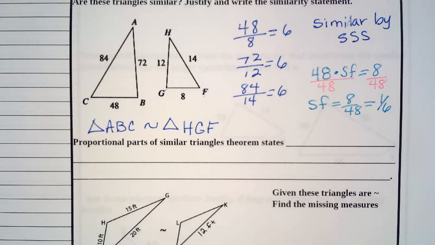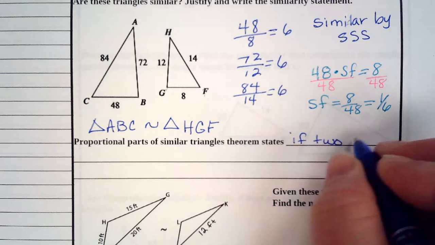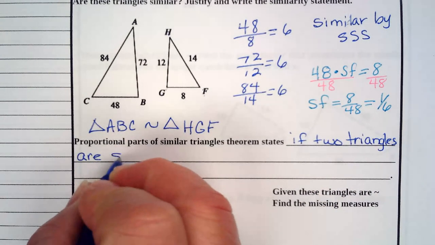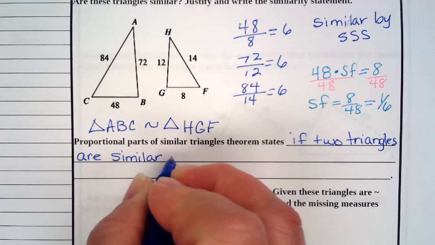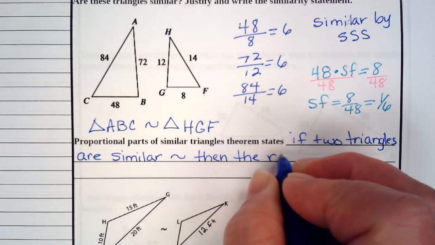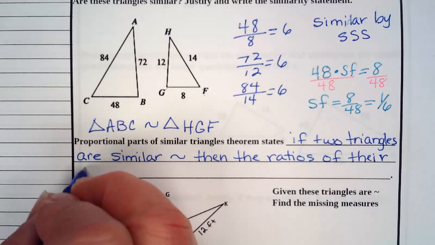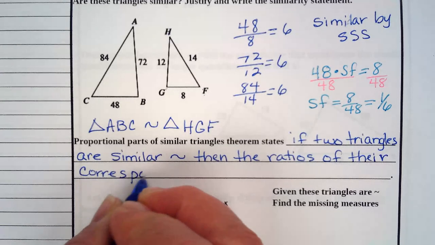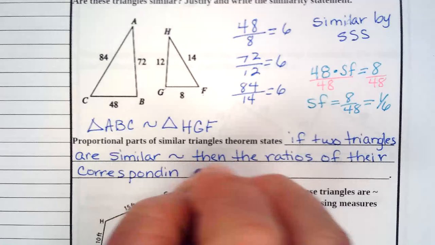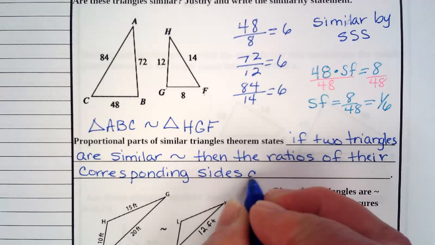It says if two triangles are similar, then the ratios of their corresponding sides are equal.